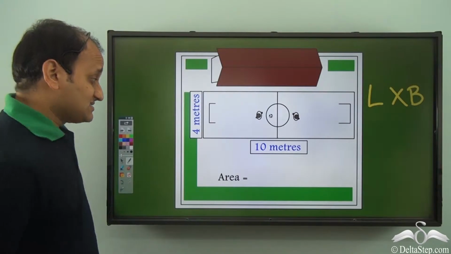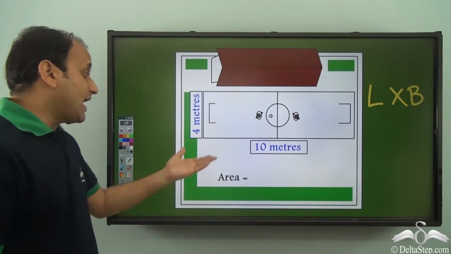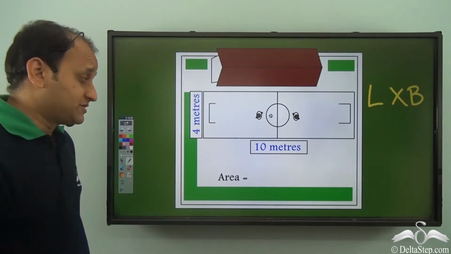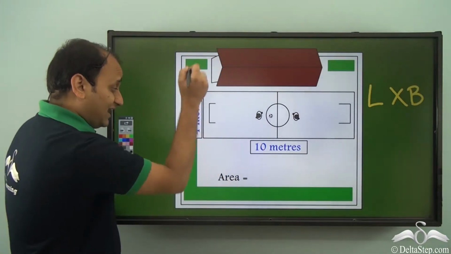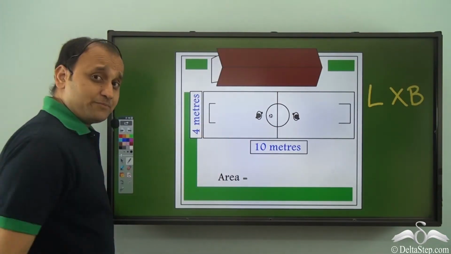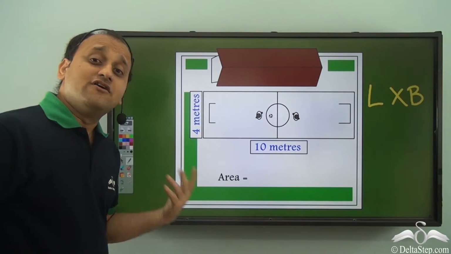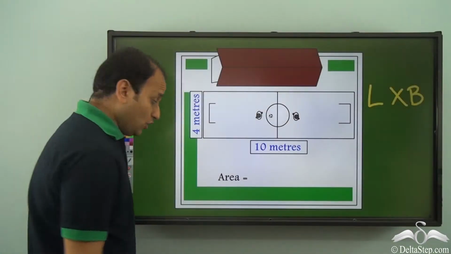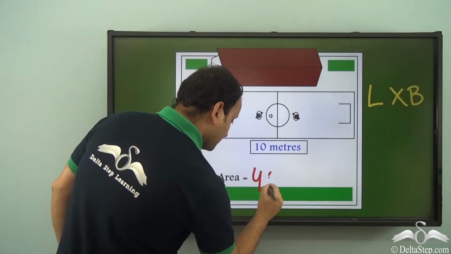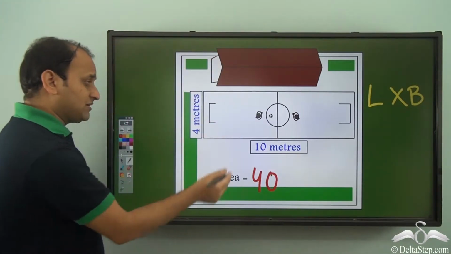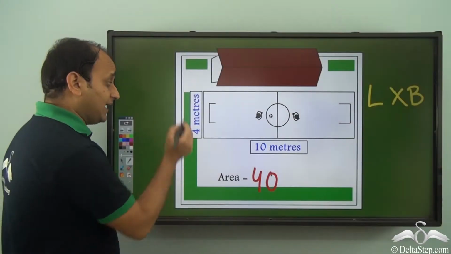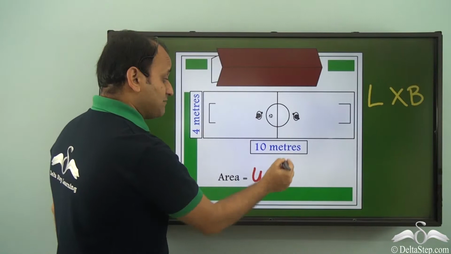So in this case, length is 10 meters and breadth is 4 meters. So 10 into 4, length into breadth. 10 into 4 is 40. So 40, and what will be the unit? Well, we are multiplying meters and meters.